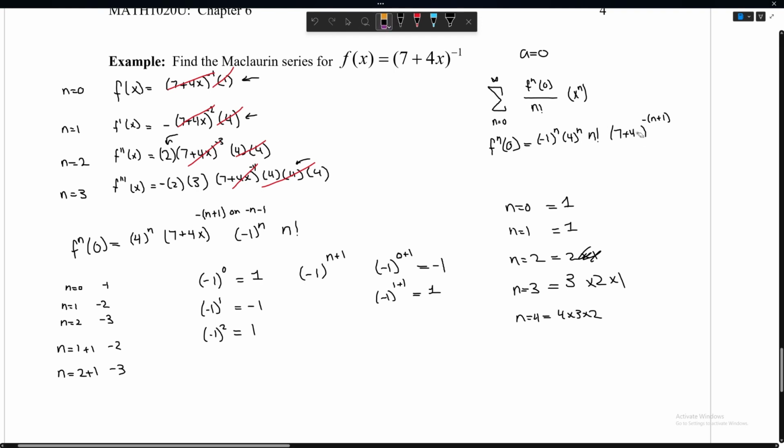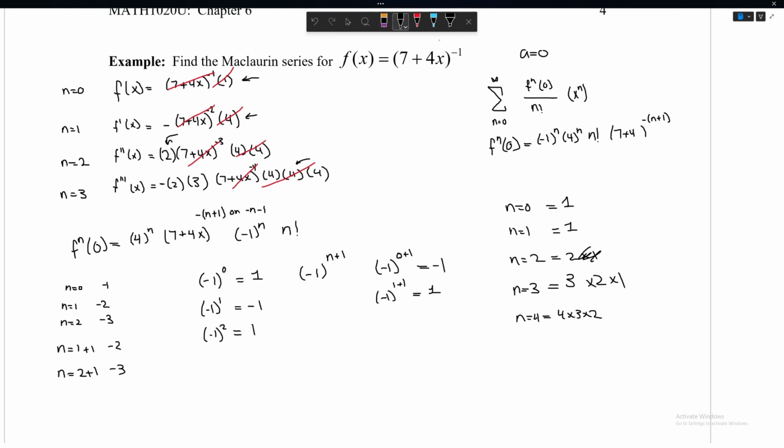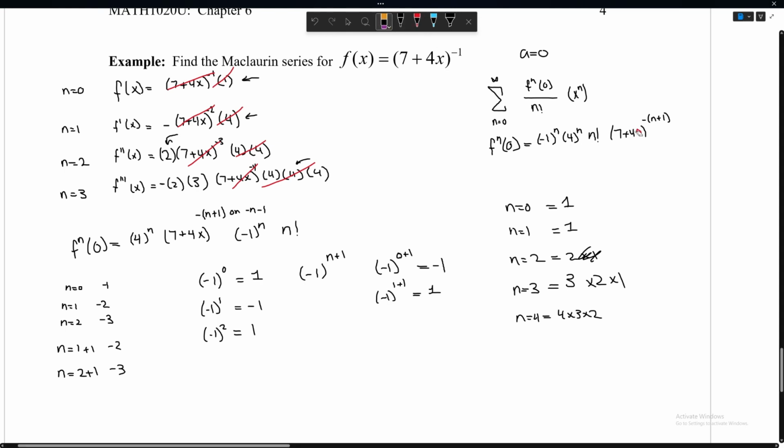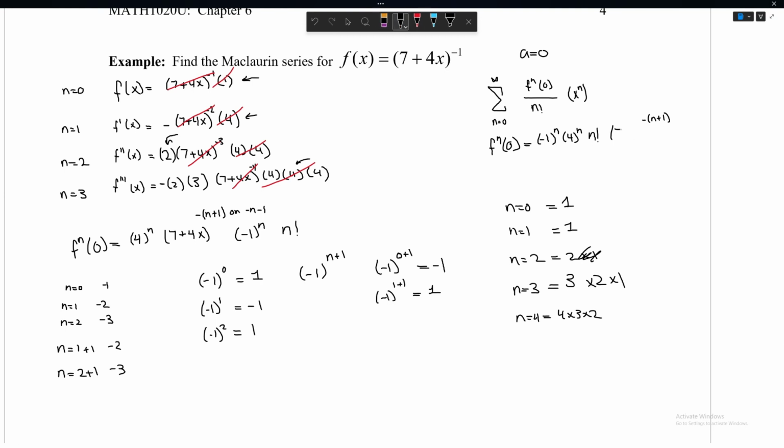And so when I sub it in, this will become obviously 0, and 0 times anything is 0. And so what happens is this goes away, and it just becomes 7 to the negative n plus 1. Okay? And now you just take this, sub it in here, and that's about it.